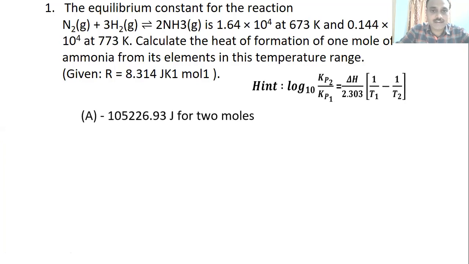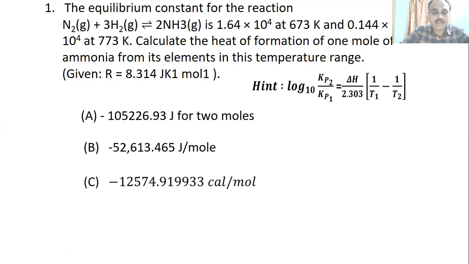Option A is minus 105,226.93 joules for 2 moles, option B is minus 52,613.465 joule per mole, option C is minus 12574.91993 calorie per mole, and option D is all of the above.